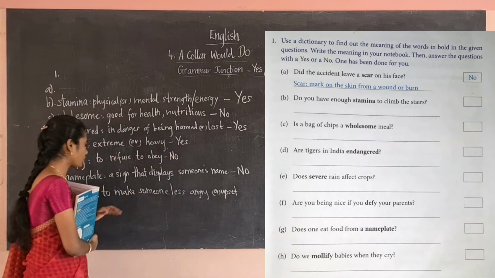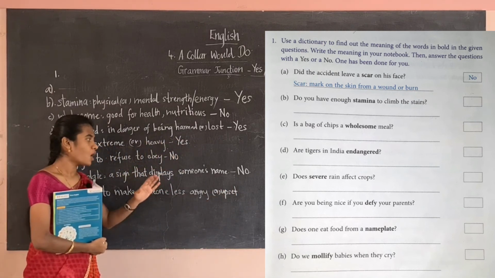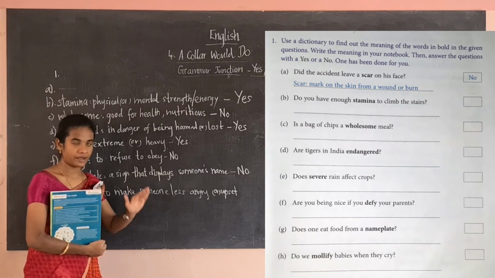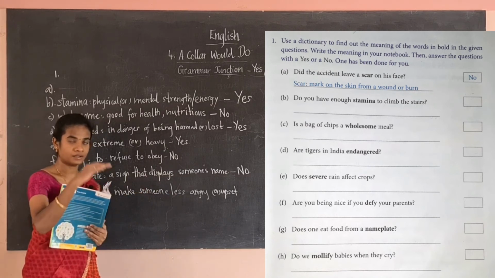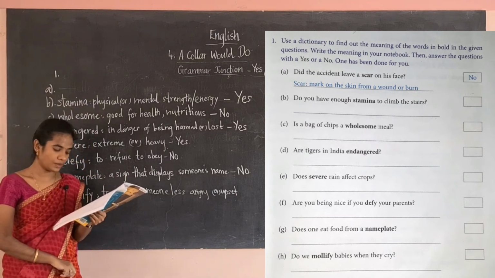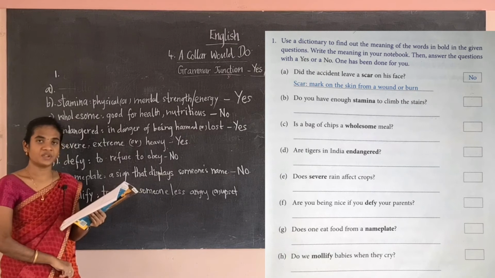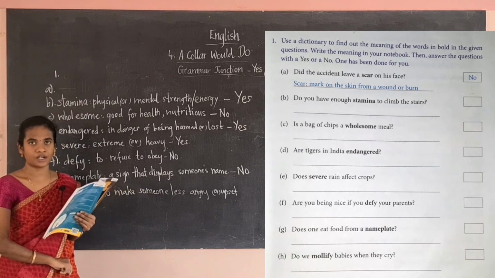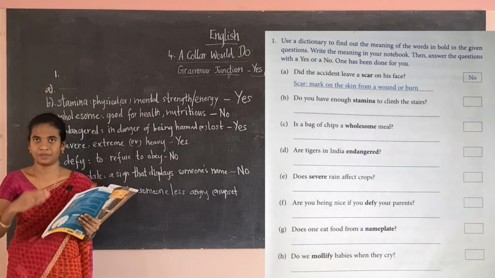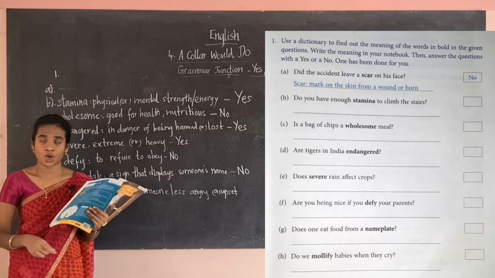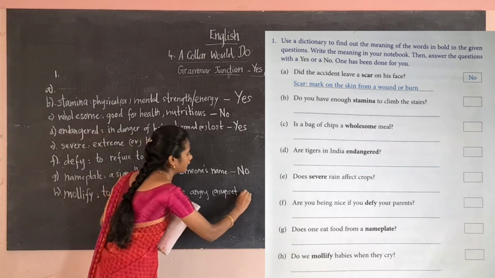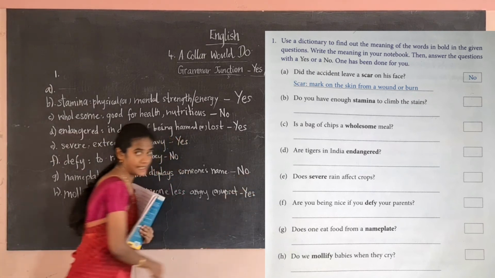We are making someone less angry or upset. That's known as mollify. So when babies are crying, we help them to be less upset, and they stop crying, right? So the answer is yes.